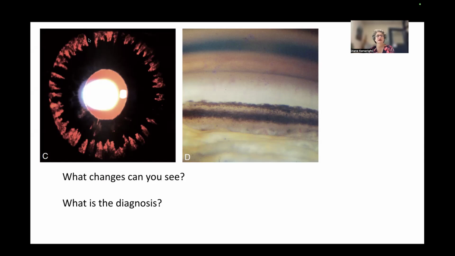And then this is a very high power view of pigment accumulating in the angle. They just go between the trabecular plates and are phagocytized by the endothelium or by macrophages. And then this isn't good for the trabecular endothelial cells, and they die.